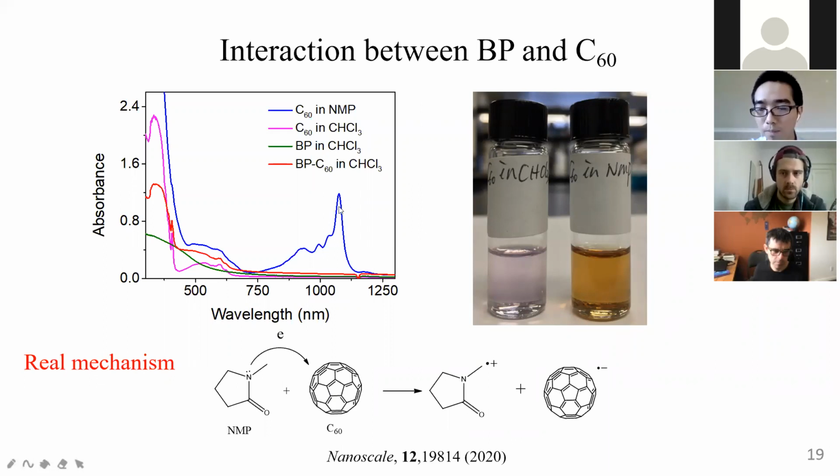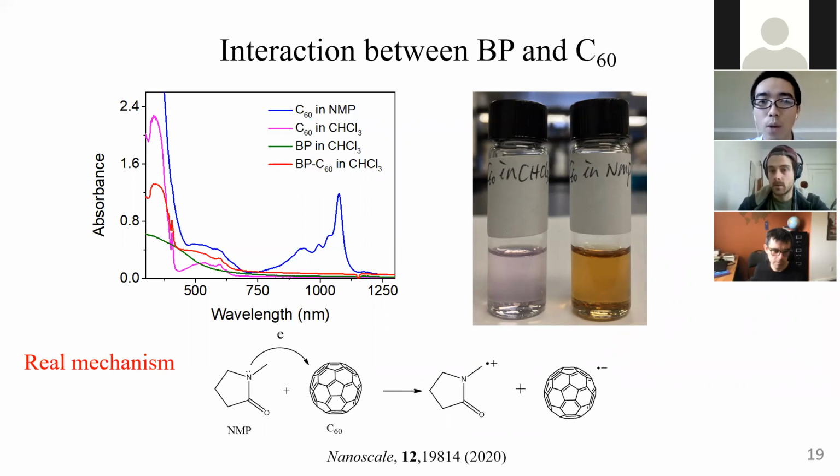So my question is, now that you've introduced radicals, isn't that bad for the stability of the material if you have radicals floating around? Yeah, this is not good. But we didn't use it later on. We use chloroform as the solvent.